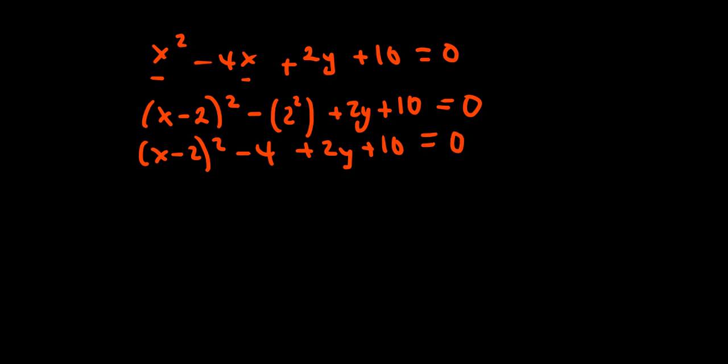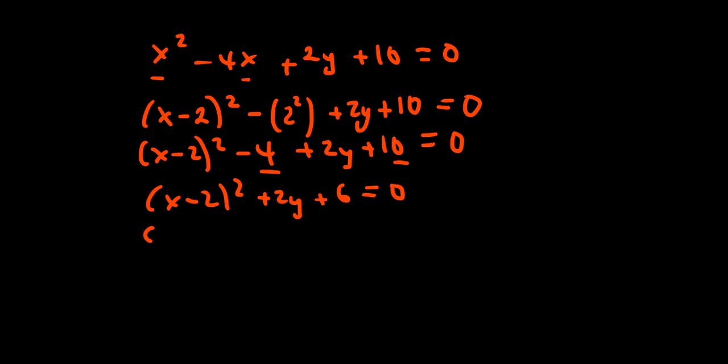Then from here, I can add negative 4 plus 10. Then I have x minus 2 squared, and that will give me positive 6. So that will be plus 2y plus 6 is equal to 0.